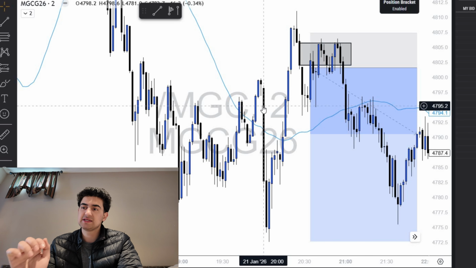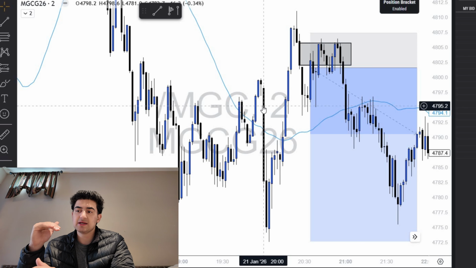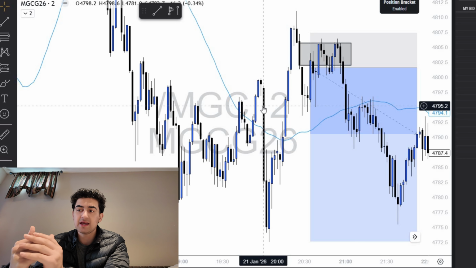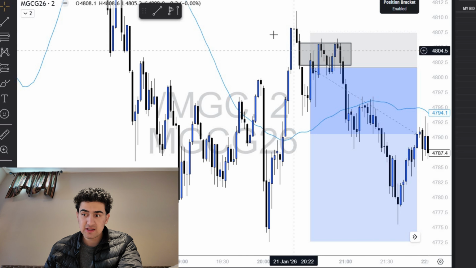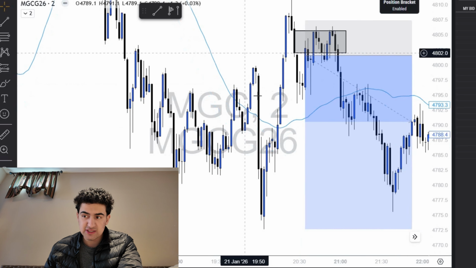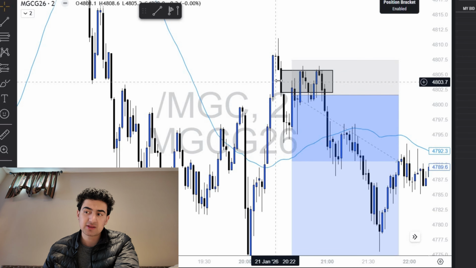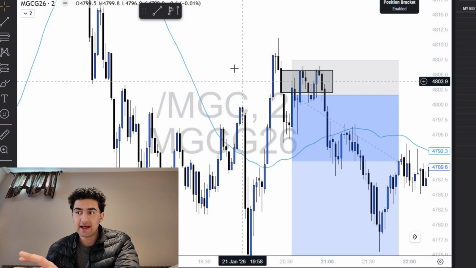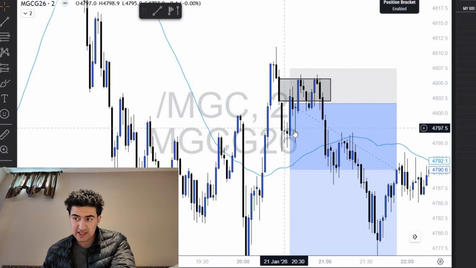When price makes a high and it doesn't push above the last high before it, that means it's holding liquidity. And when it goes higher and takes out all these resting orders, people think it's gonna go higher, so they buy, and they have their stop loss underneath these levels.